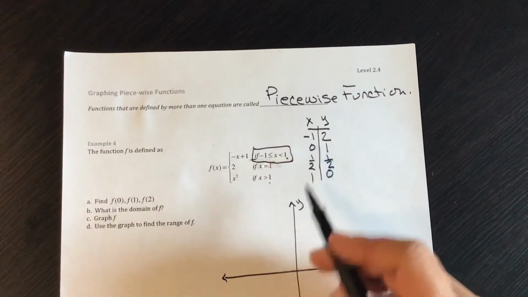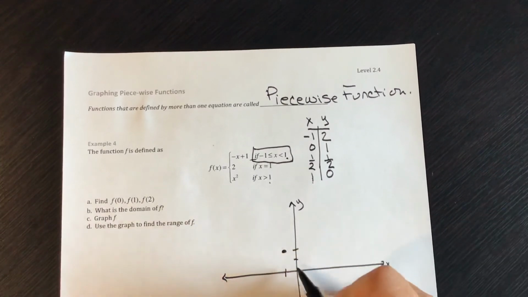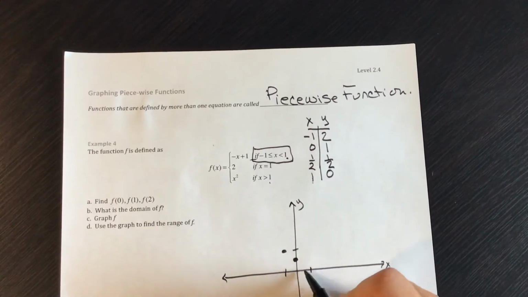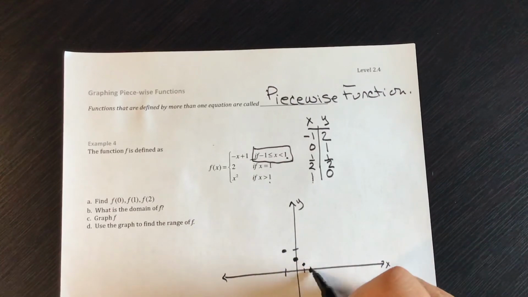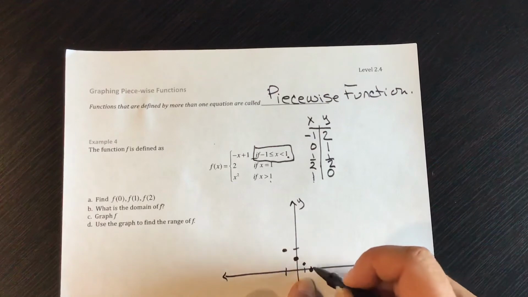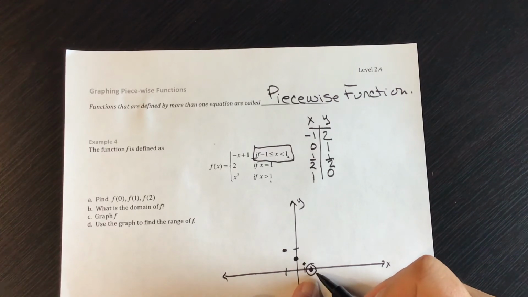So if I plot the points, -1 up 2, over 0 up 1, over, if this is 1, over 1/2 up 1/2, over 1 up 0. All right, now it doesn't say equal to 0, so I'm going to have an open dot over 1 up 0.